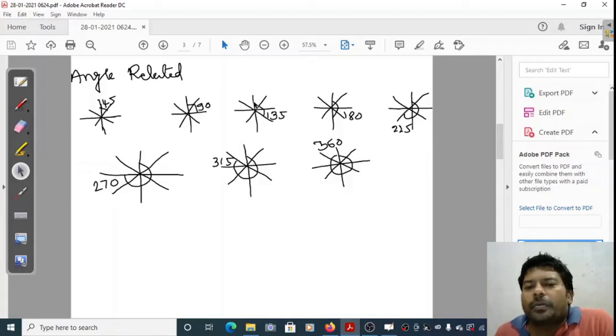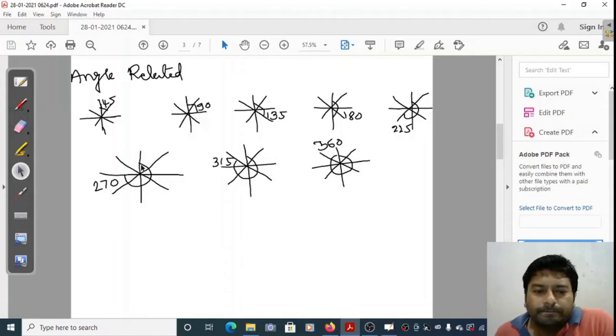Then from north, if he is facing southeast, then he has moved an angle of 135 degree. From facing north, if he is facing south, then he has moved 180 degree. Similarly, from north, if he is facing southwest, then he has moved an angle of 225 degree.